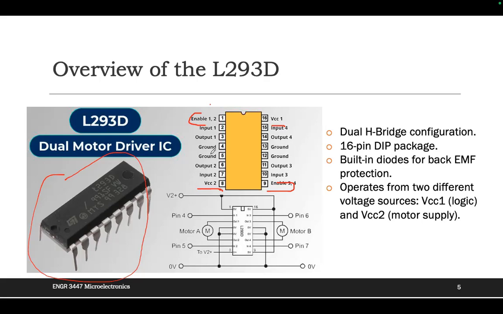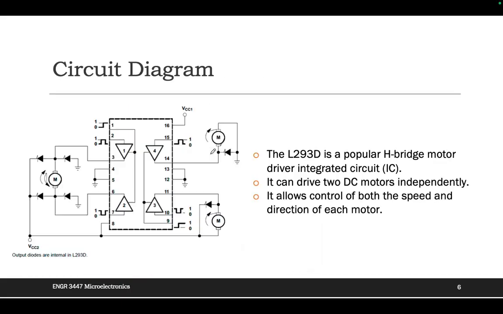One H-bridge can control one motor, which means 2 H-bridges can control 2 different motors. It allows controlling both the speed and direction of each motor. You can see this H-bridge chip can control not only the direction but also the speed. We will talk about it later. Any other question?